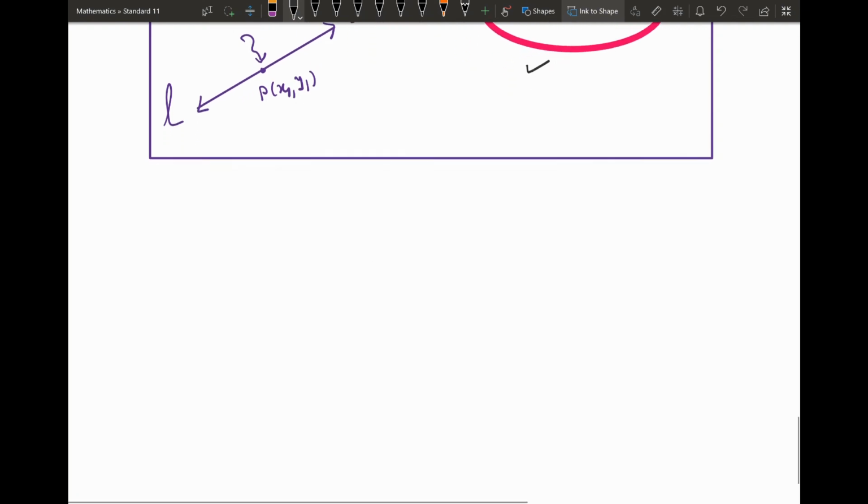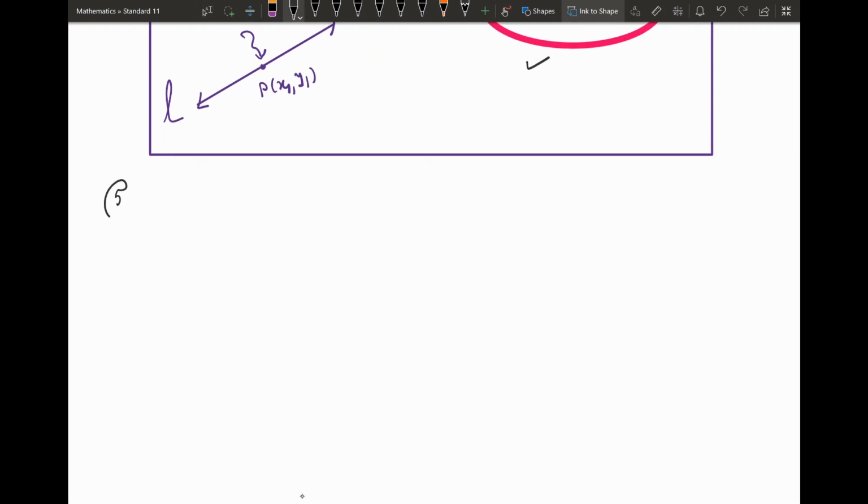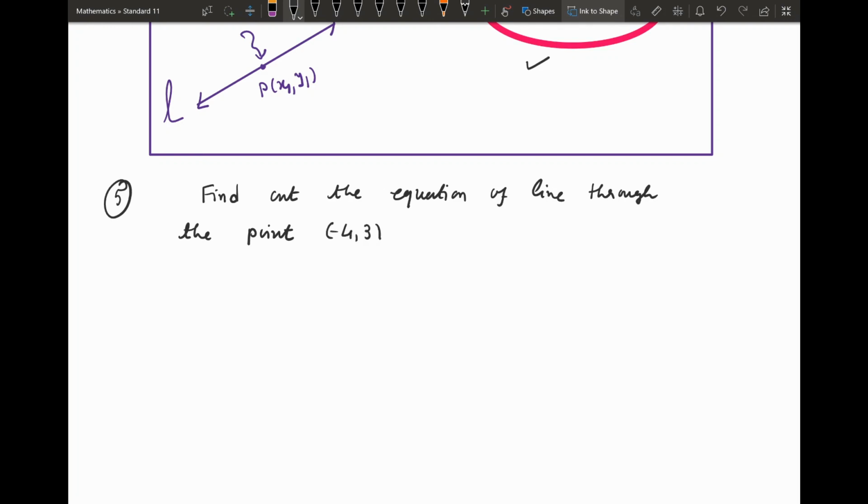Find the equation of the line through the point (-4, 3) with slope 1/2.